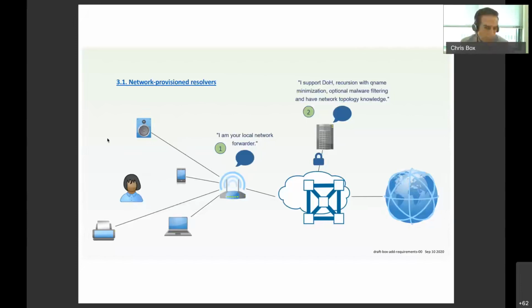It has optional malware filtering, and it has network topology knowledge, which means essentially that, because of the entity that runs it, it is more aware of the structure of this network: what is the connectivity between different parts of the network, what are the latencies, where are the caches located, that kind of thing. Next slide, please.